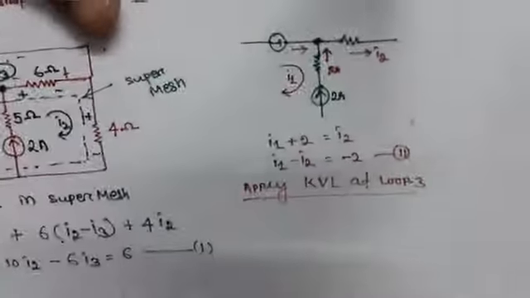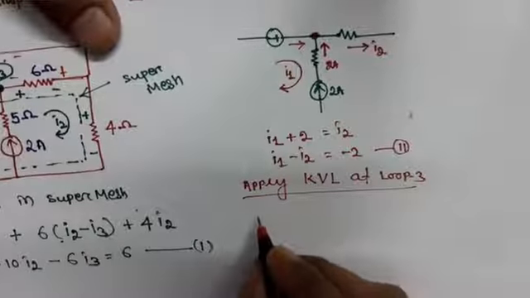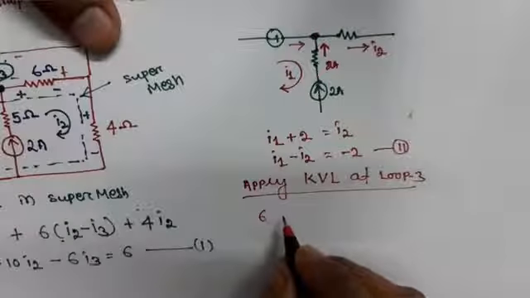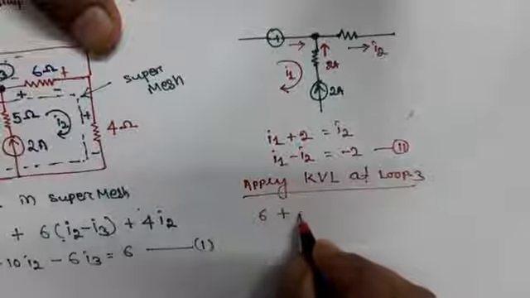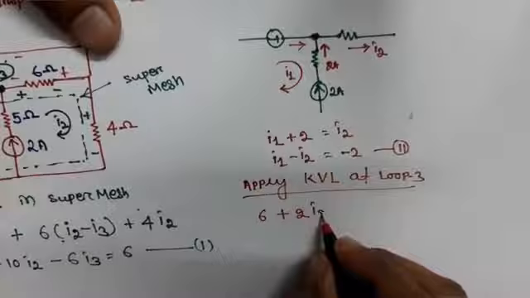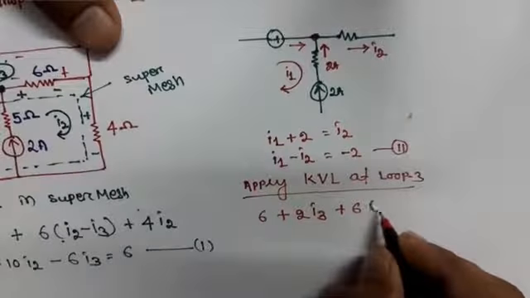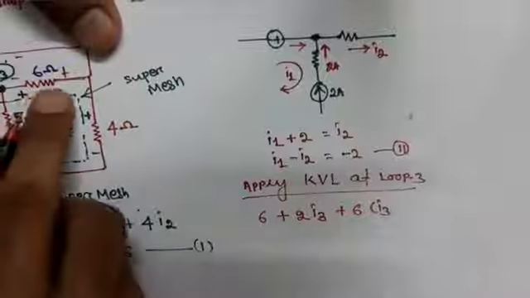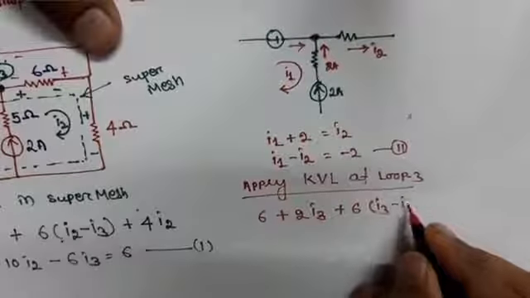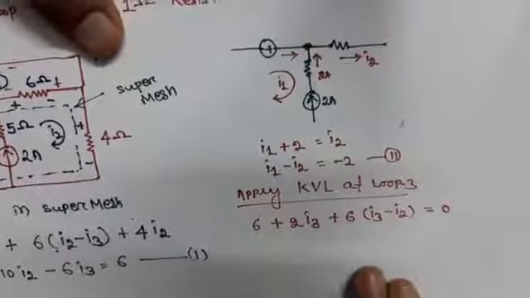So what is the equation? This is 6 plus 2 into I3, and then plus 6 into (I3 minus I2) equals 0.